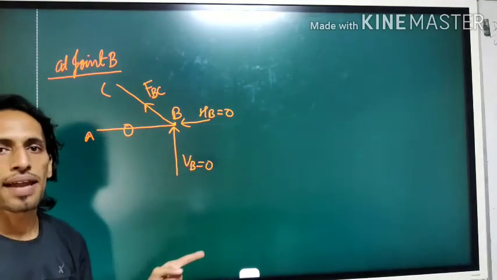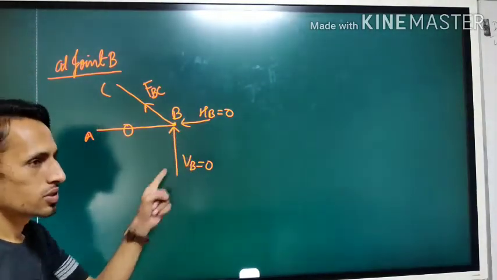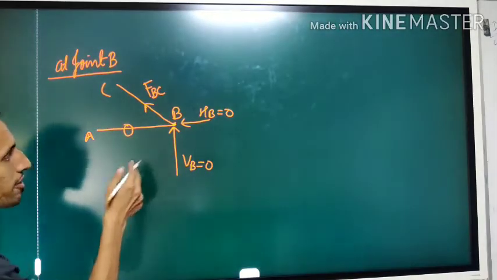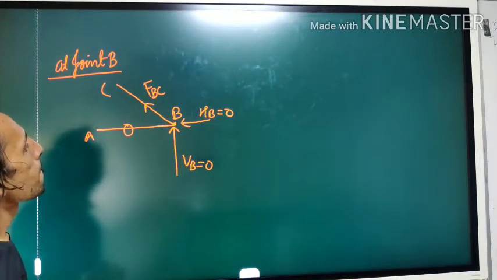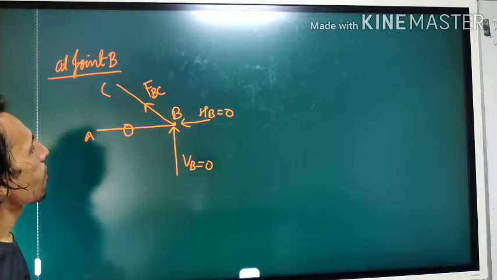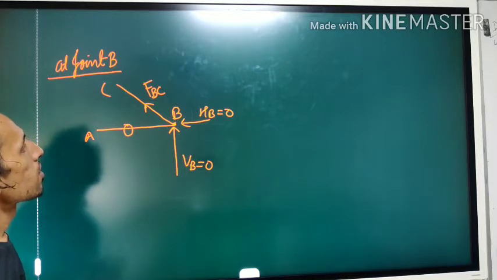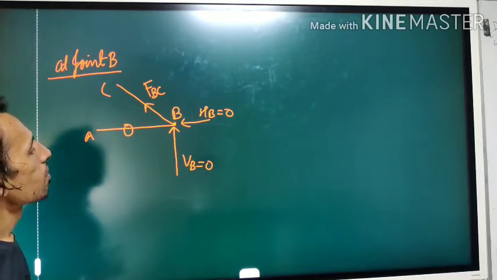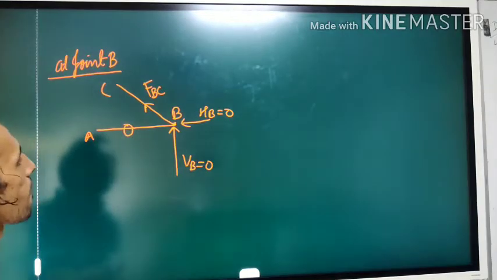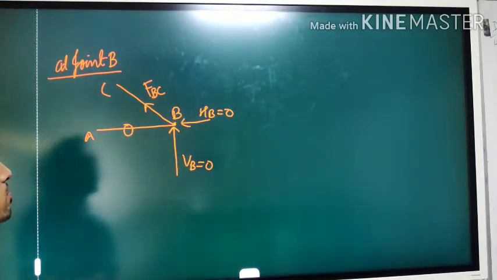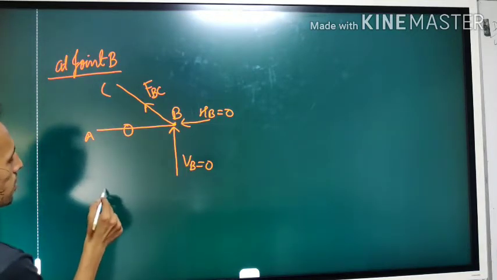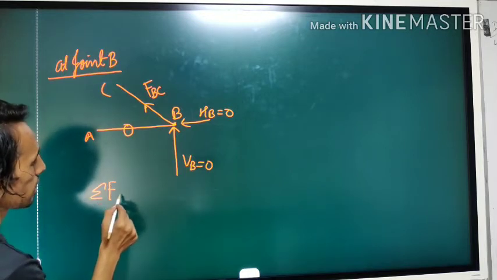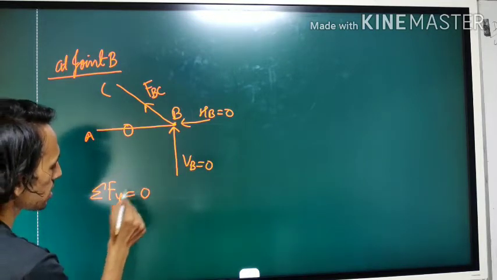Now we can start applying the equilibrium at the joint. Which equation can we apply? Let's apply summation of forces in y direction is 0.